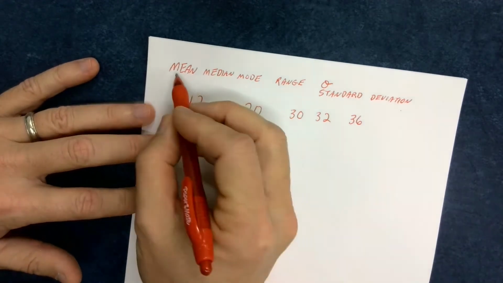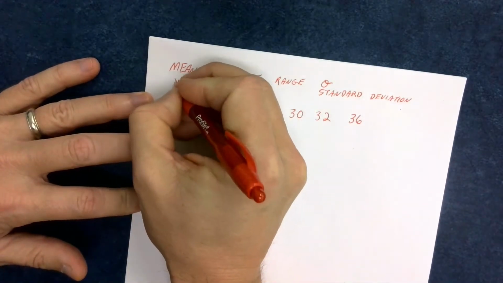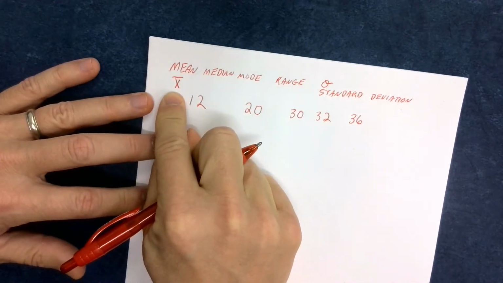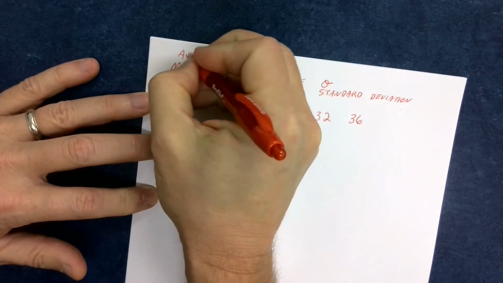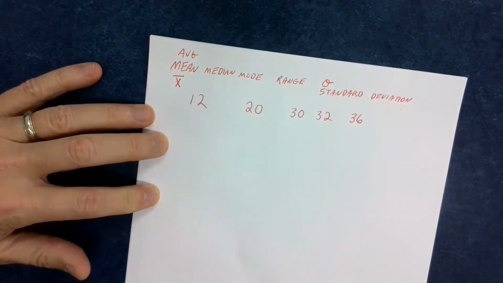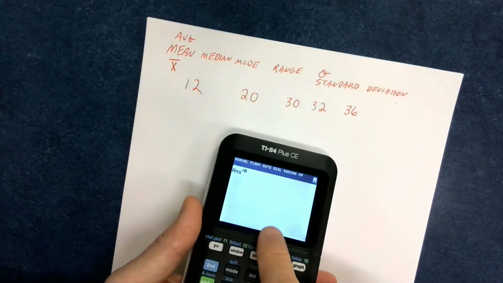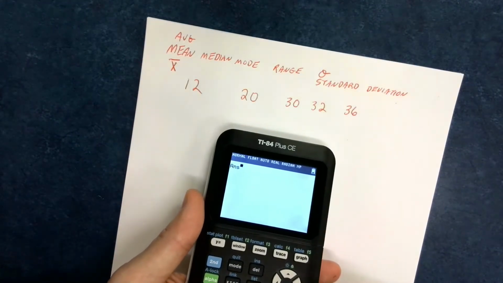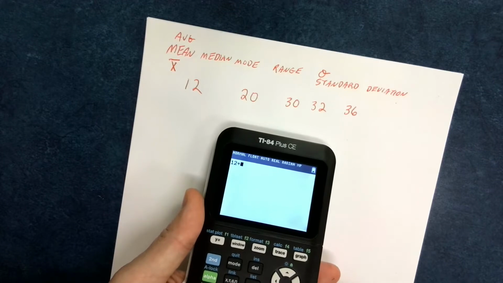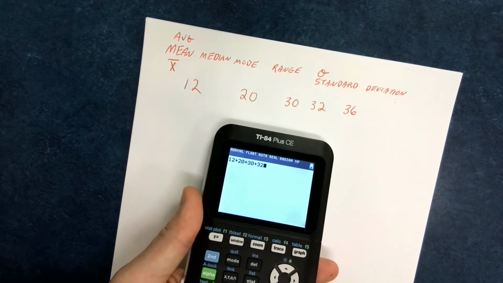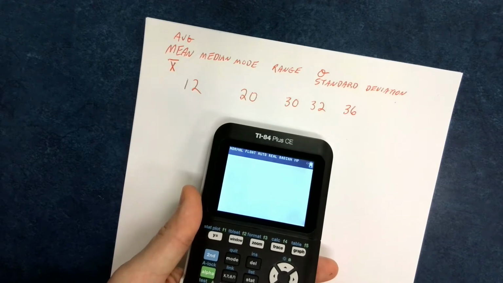So in order to do a mean, also known as x bar, x with a bar over the top of it, also known as the average, you simply take those 5 numbers, add them up, and divide by how many there are. So if we go to our handy dandy calculator here, and I do that, I can do 12 plus 20 plus 30 plus 32 plus 36, hit enter.